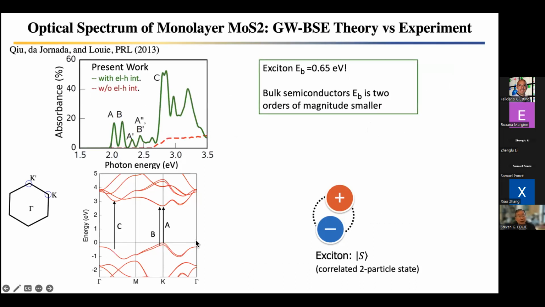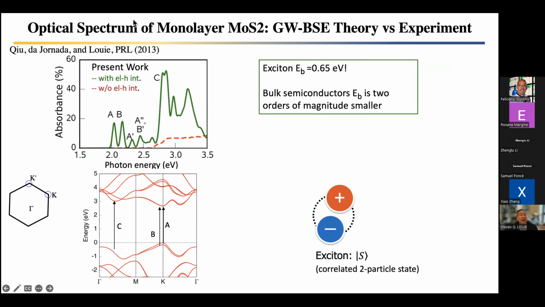So let me give you one example regarding the intrinsic excitonic effects in 2D material, and then later I talk about the environmental effects.